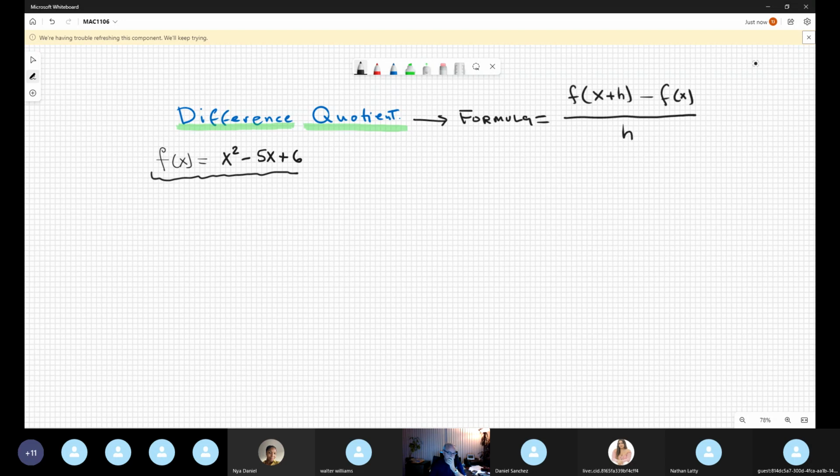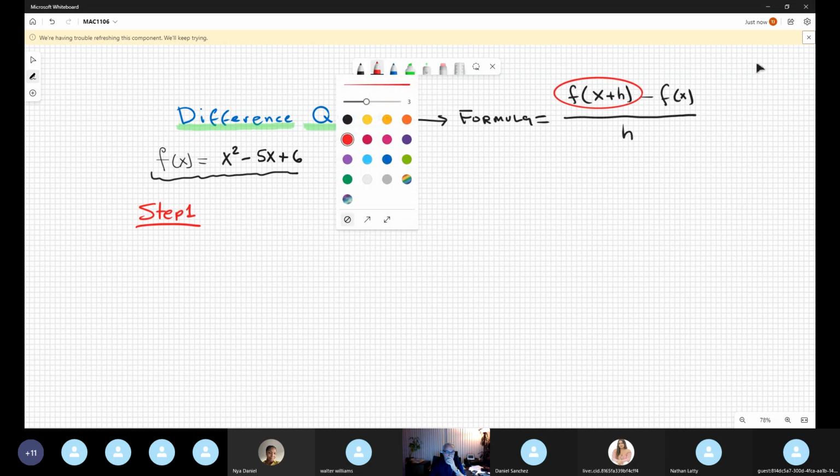So we're solving step by step. What is step one? Step one is that part of the formula.